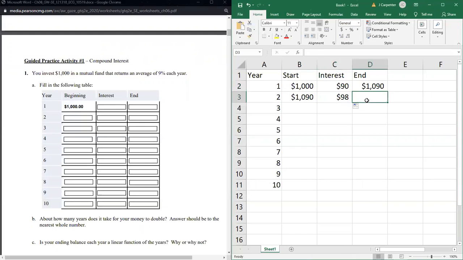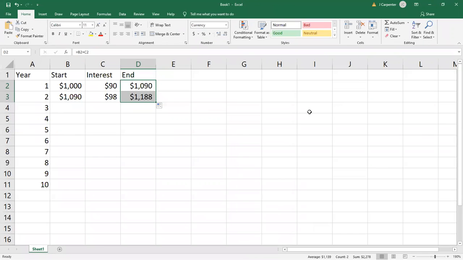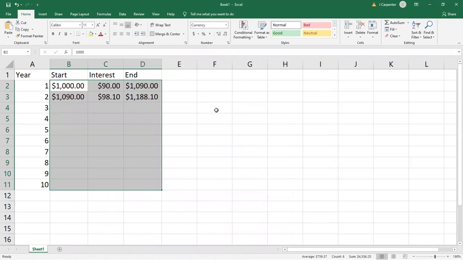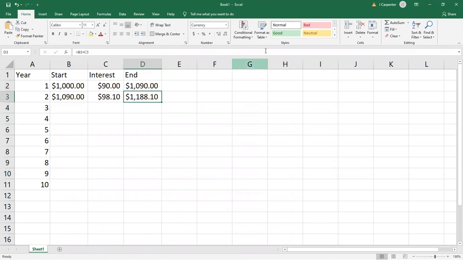We'll fix that in a second. The ending balance, if I drag it down, again, minus the change, it's correct. So let's just highlight all these cells and change their decimal precision to 2 decimal places so we see money. And now we can see that it's $98.10.